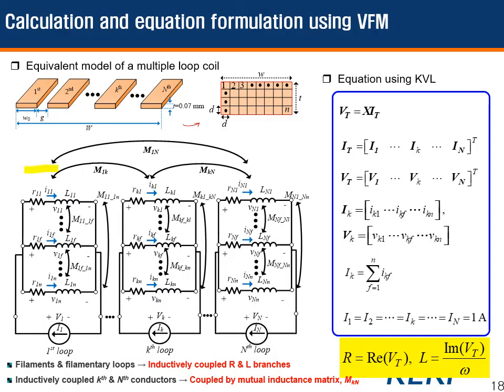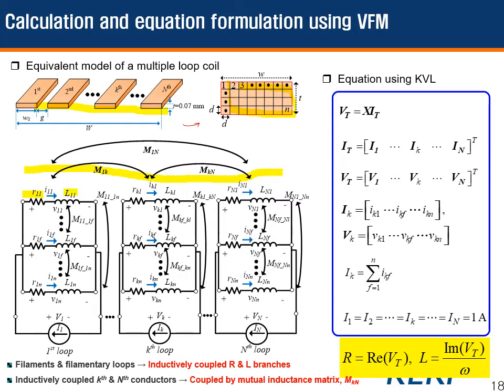This slide shows an equivalent circuit of M parallel straight conductors. Each conductor is discretized into N filament straight lines. Each filament line with a finite thickness is expressed as a resistance and an inductance.